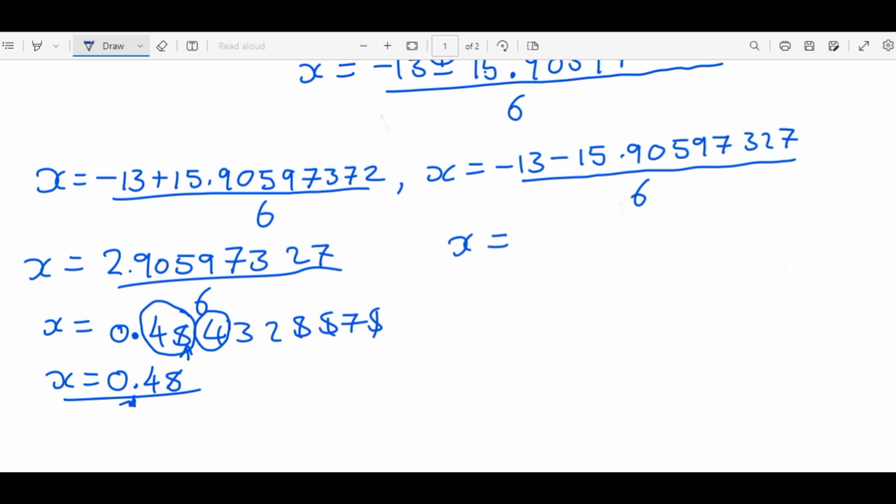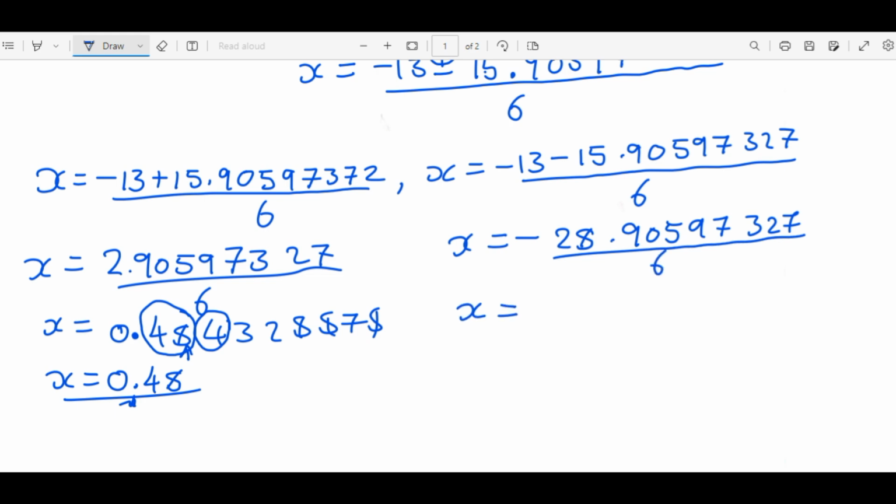So let's do the same. So negative 13 minus 15.90597.327. So I'm getting negative 28.90597.327 divided by 6.